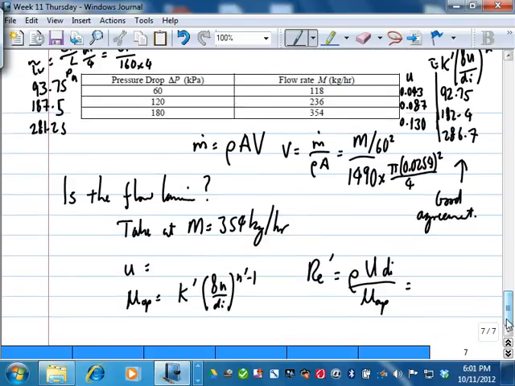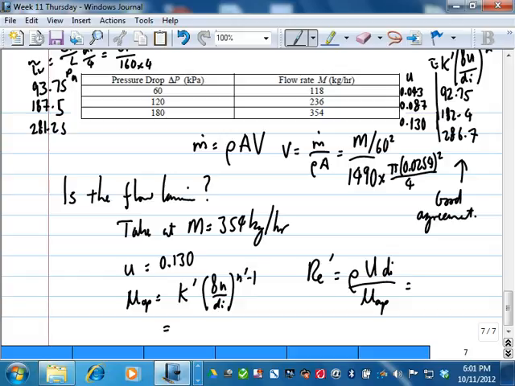And finally, here U is 0.130. Just to check that it is laminar, let's calculate the RE prime for the highest flow rate.